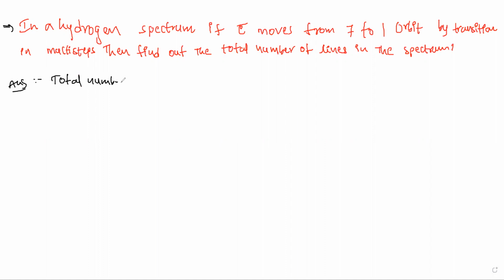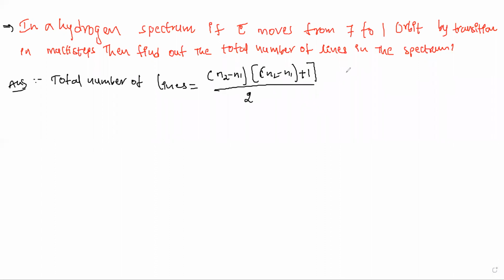Total number of lines equal to n2 minus n1 into n2 minus n1 plus 1, by 2. This is the formula. There n2 equal to 7, the 7th orbit, and n1 equal to 1.